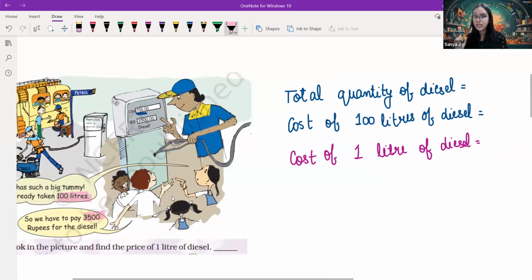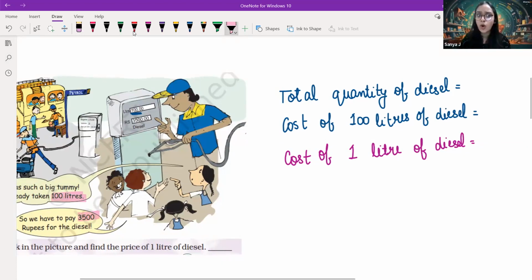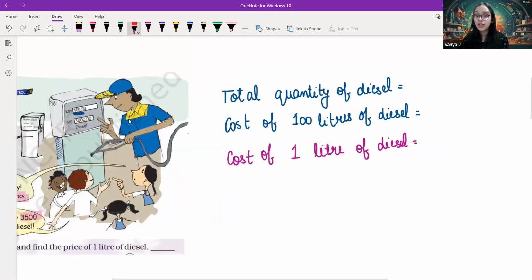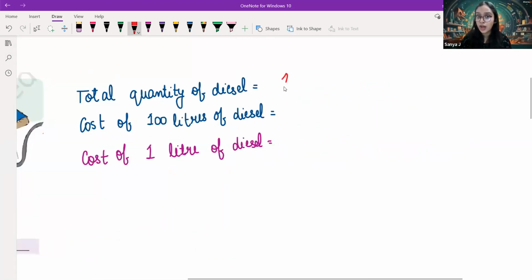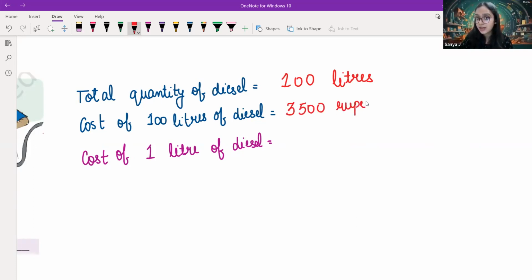So once again, what's the total quantity of diesel being filled? That is 100 liters. And for 100 liters, what's the price that is paid? That is 3500 rupees. So let's find out the cost of 1 liter of diesel.